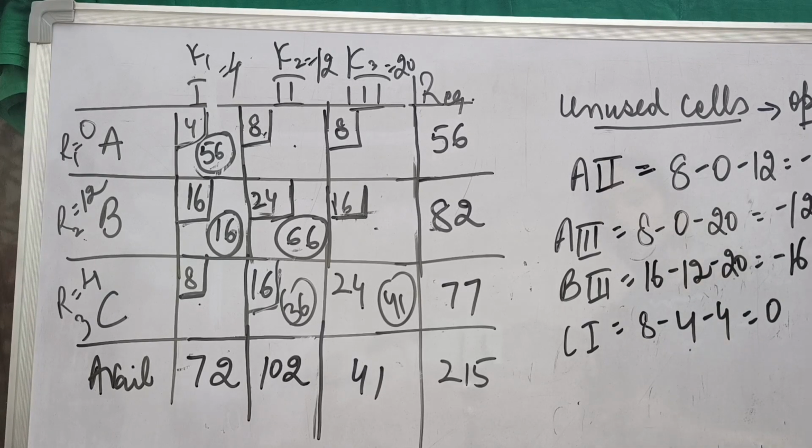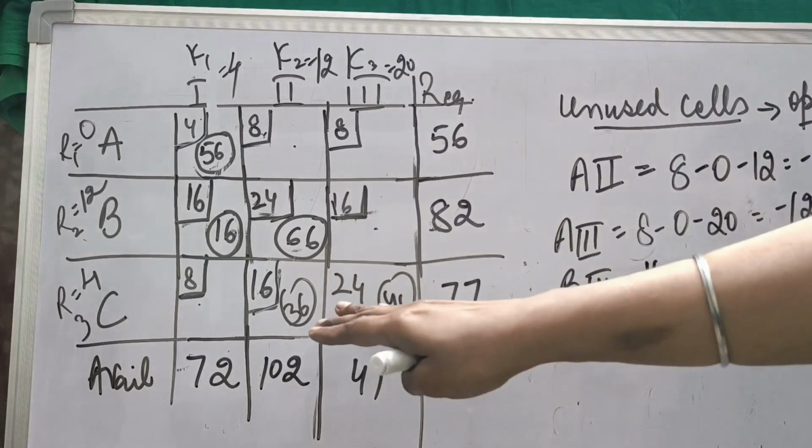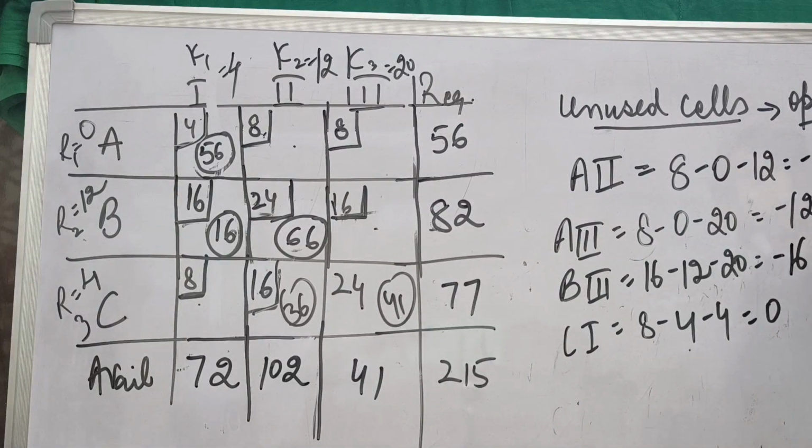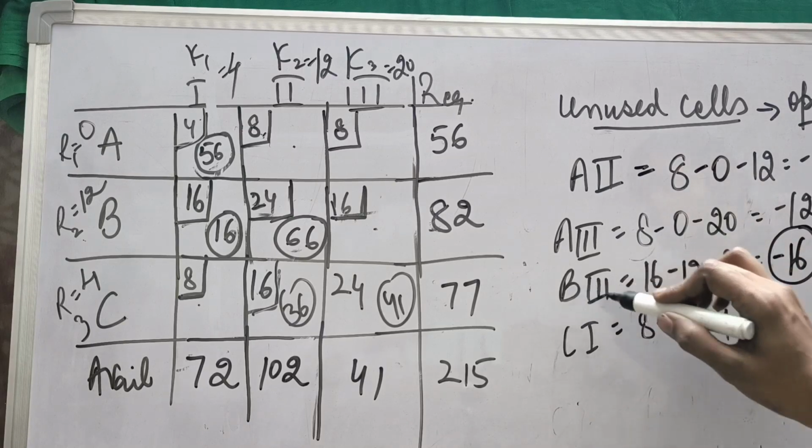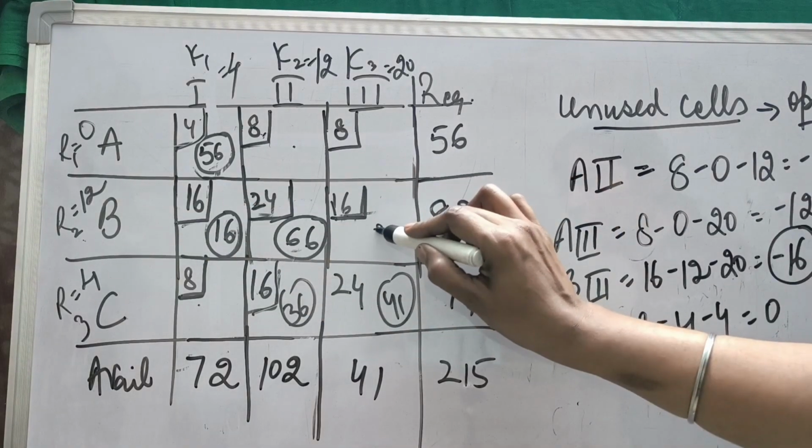Now from these opportunity costs, first I will have to see whether all of them are positive. If they are positive, then this is the optimum solution. But in this case, many negative values are there. We have to choose the highest negative value. This is the highest negative value out of all the opportunity costs. Then you have to observe your B3 cell.